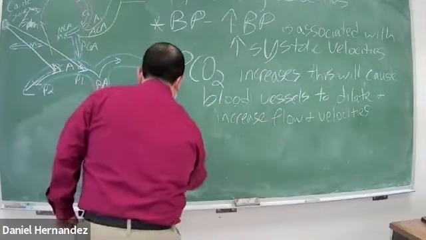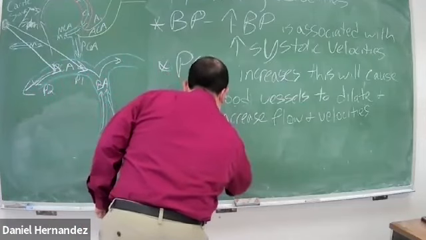Other factors could be cardiac output. Hey, Dan, I have a question. So if a vessel dilates, that means it gets bigger, right? Yes. That's just a little confusing because I thought that with vessel diameter, if it got smaller, the velocity would increase.